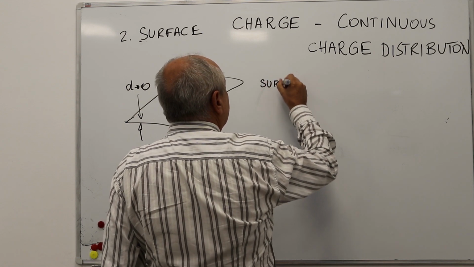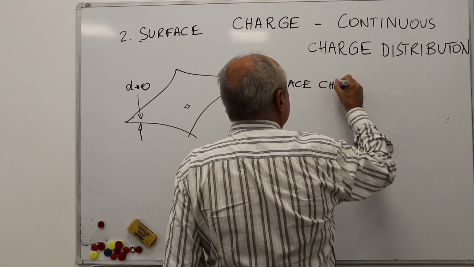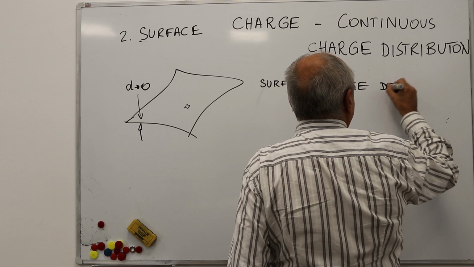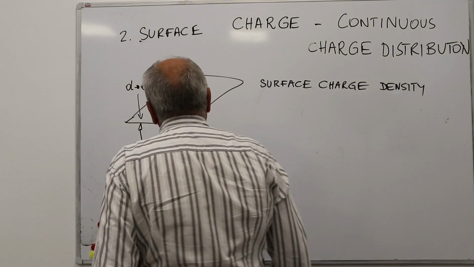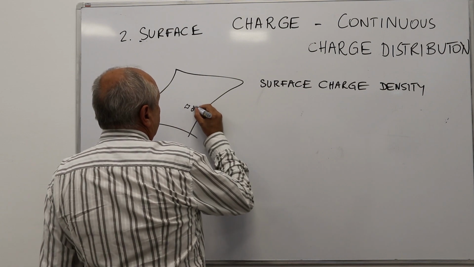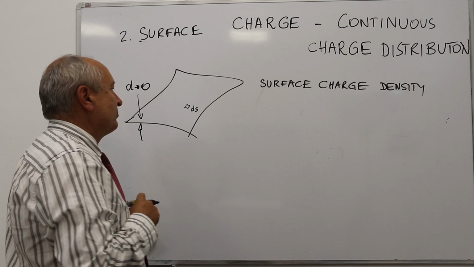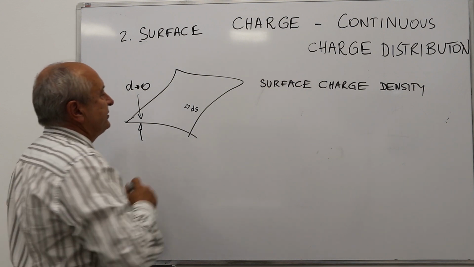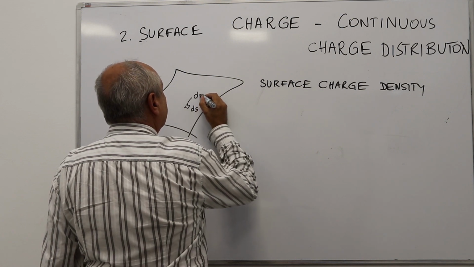We take a small differential piece of the surface, and here we have dq.